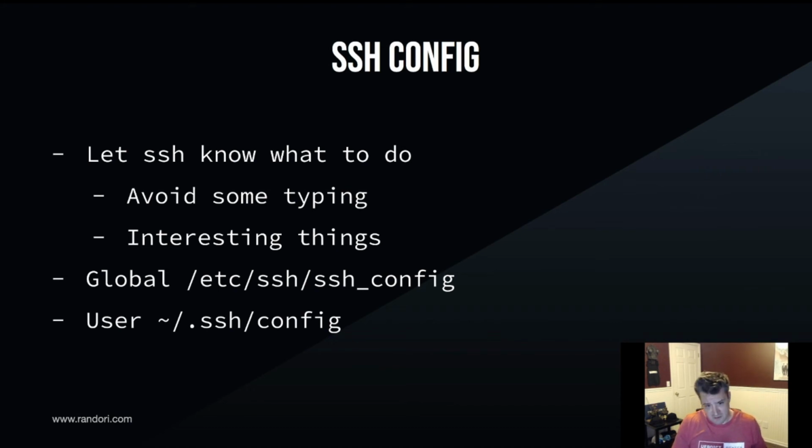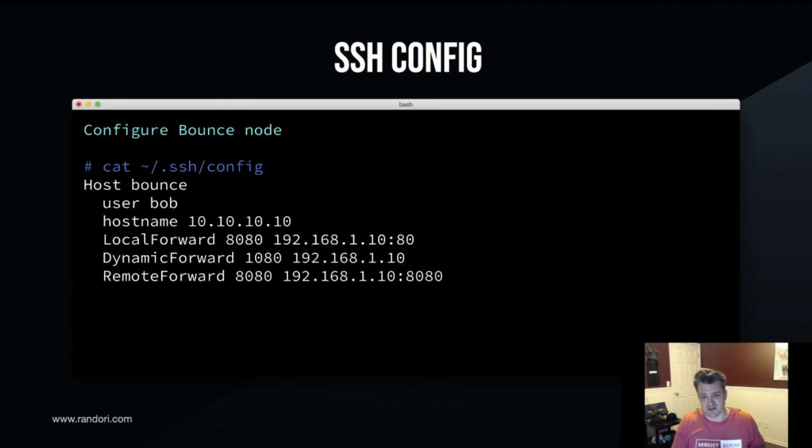So obvious question here, what are some of those cool things that you can do with SSH? Let's start with a simple version here, which is how you'll see this used a lot. So maybe I now want to call that hostname 10.10.10.10 just bounce. So I'm going to say, hey, this host is bounce, and I want to log in as the user Bob.